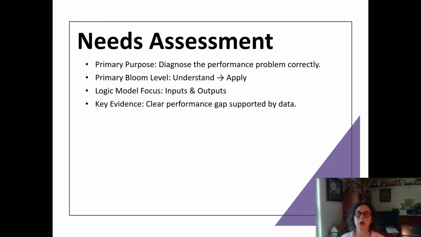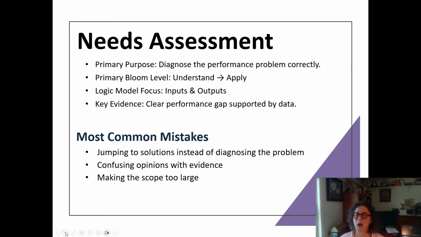Then, of course, I want to see clear evidence that there is a performance gap and what that actually means. What commonly happens is that everybody jumps to solutions instead of diagnosing the actual problem. This is a systematic process where, in the real world, if you will allow me to say that, you may go back a couple of times to adjust where the exact need and the exact gap are.